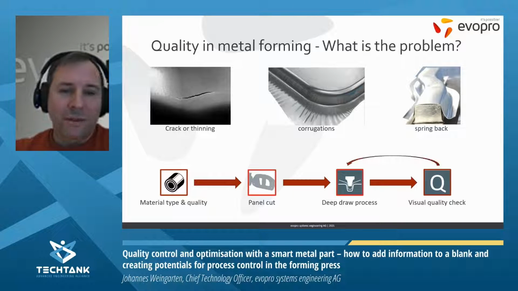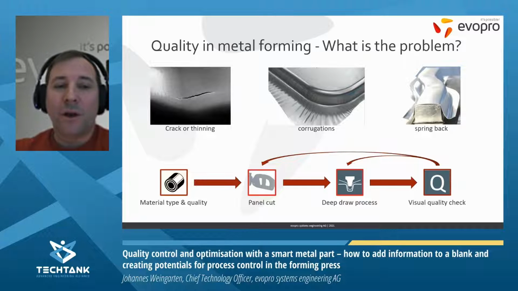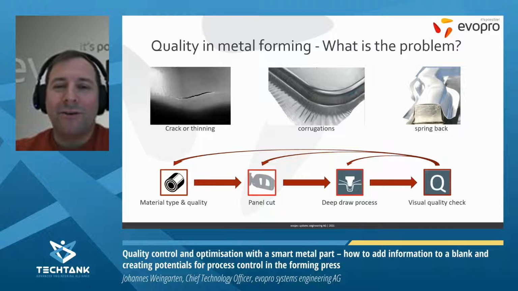When you have this training phase, you'll have some loop back for reconfiguring the deep draw process, or reconfiguring the panel cut, optimizing the cutting shape, perhaps also optimizing the material type. But then somewhere at the end, the series production starts, this very deep training phase is done, and then you have to cope with that.